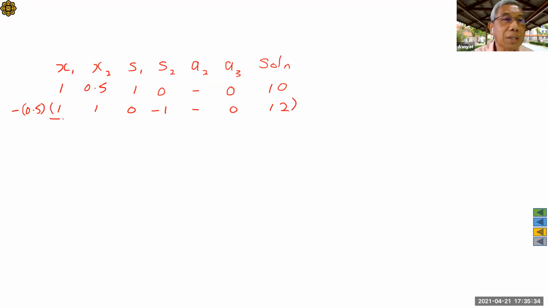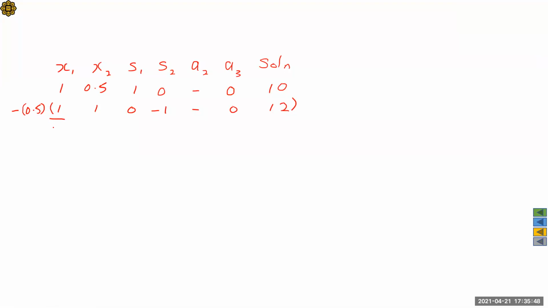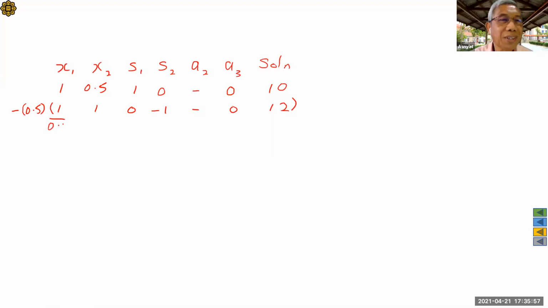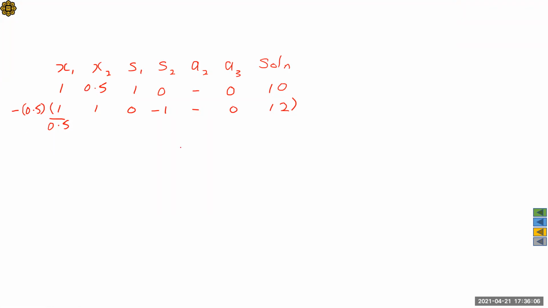Then you will get 1 minus 0.5 times 1. What do you get? 0.5. Then 1 minus 0.5 times 1 is 0.5. Next, 0.5 minus 0.5 times 1 is 0.